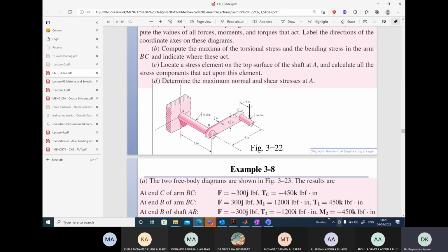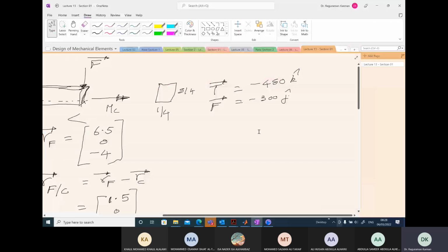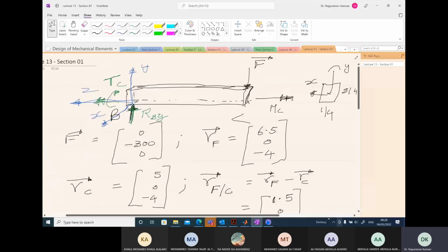These are the dimensions, and the axis will be Y and X. X direction. If I look at the cross section from this side, this is the X direction in this direction and Y. And the Z axis is going inside.